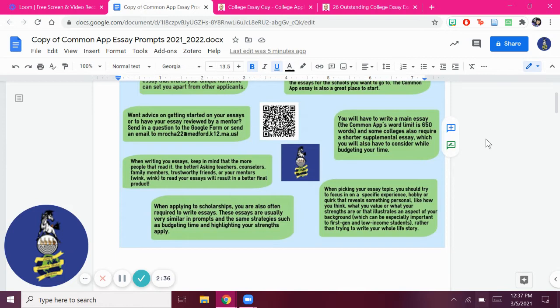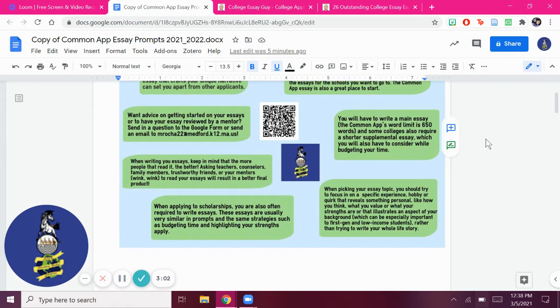When you pick your essay topic, you should try to focus on a specific experience, hobby, or quirk that reveals something personal. This should be giving them insight into how you think, what you value, or what your strengths are, or illustrate an important aspect of your background, which can be especially important to first-gen and low-income students.